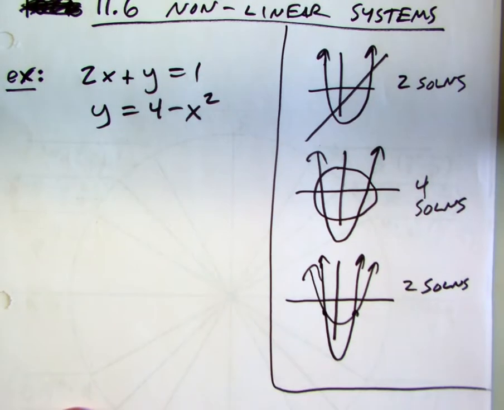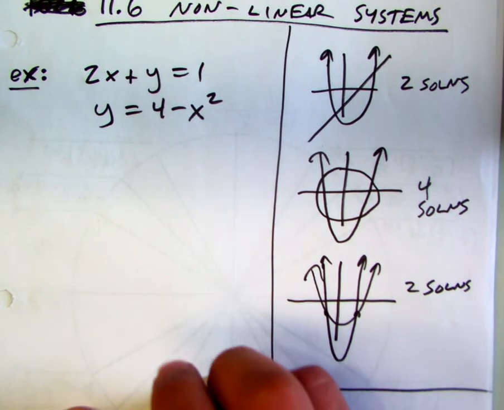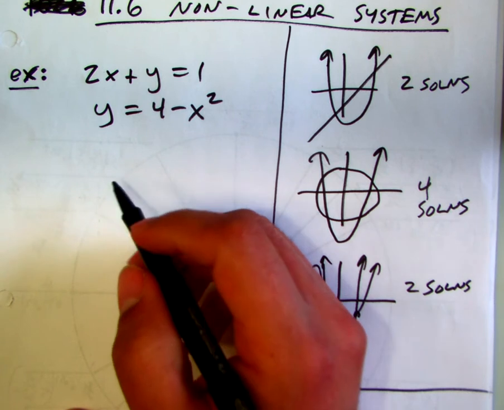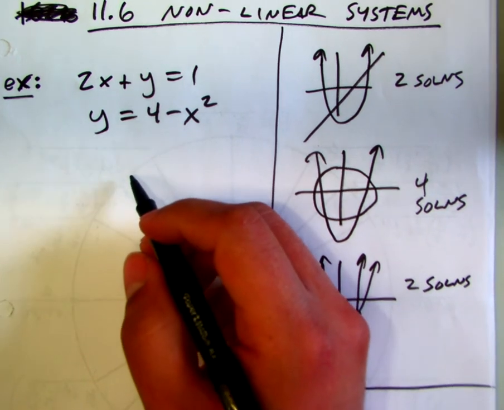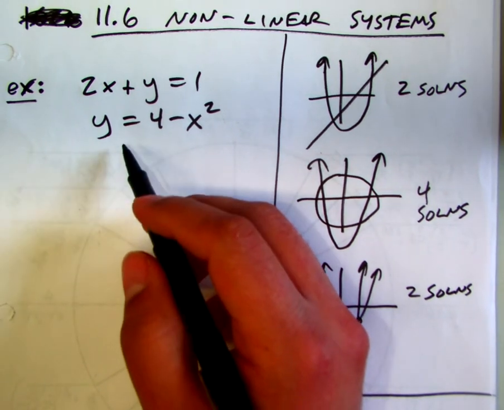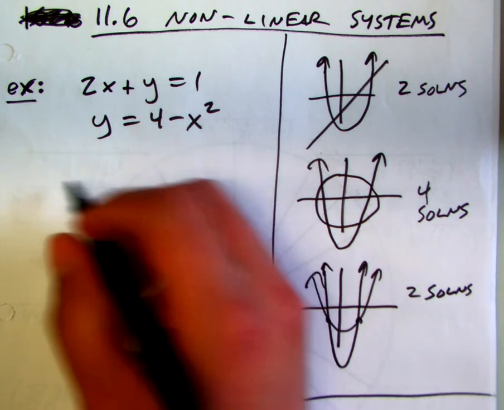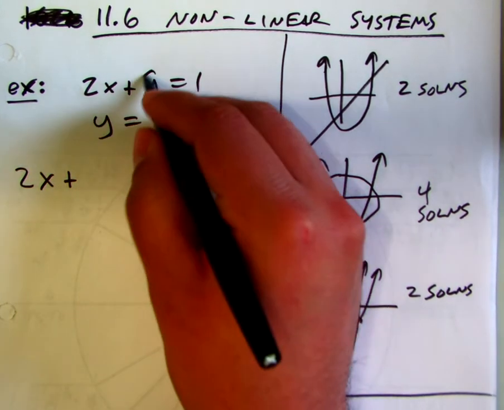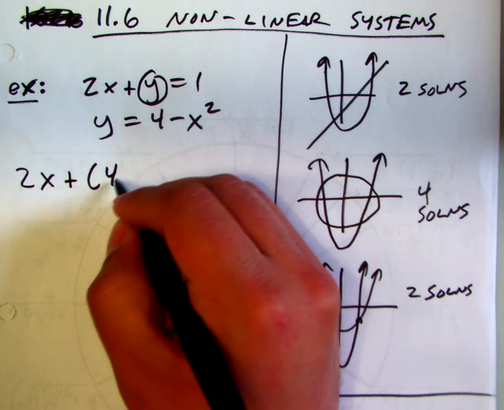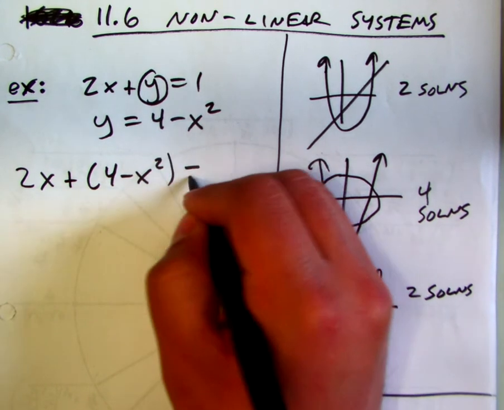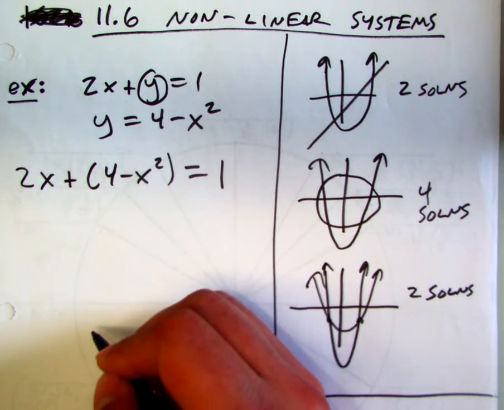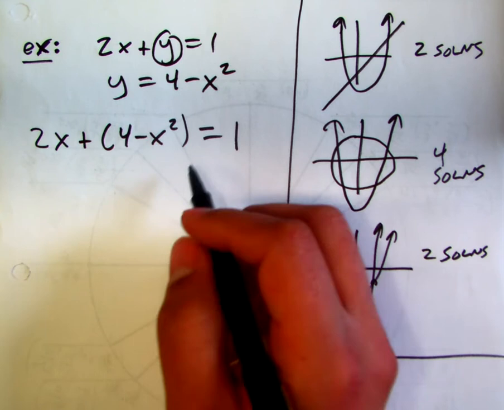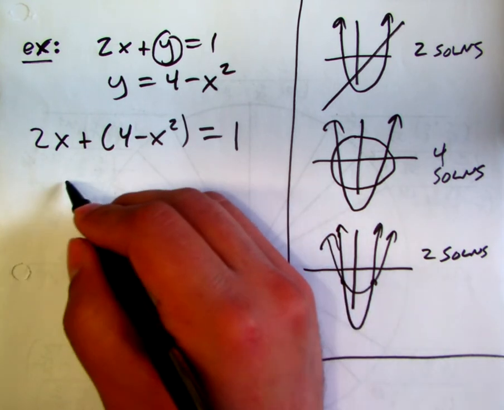All right. So if we actually try to go ahead and solve this, what should you probably do to get going? Plug in y. Yeah, so 2x plus, and instead of y, we're going to plug in 4 minus x squared. So we're actually substituting. Set everything equal to 0. I'll put it on the right-hand side.